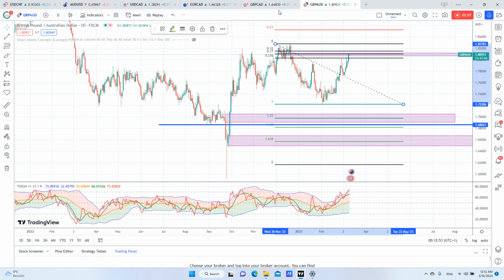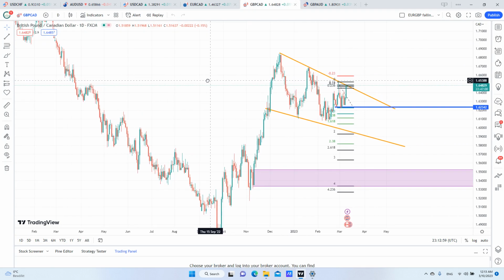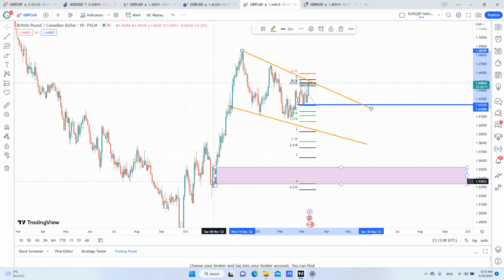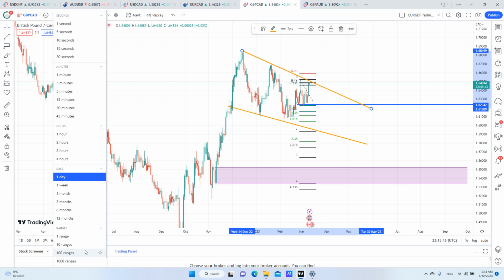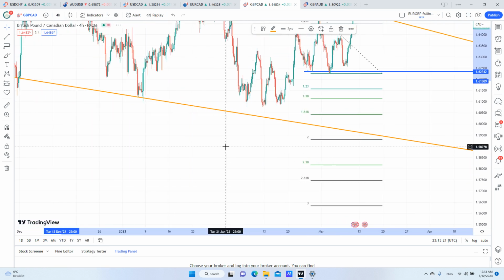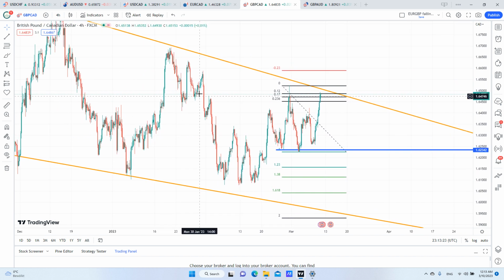We have also very good sell setups on the CAD pairs, starting with the pound CAD. This one is a little bit risky because, as you can see here, it also looks like a bullish flag. But the idea was coming from this.